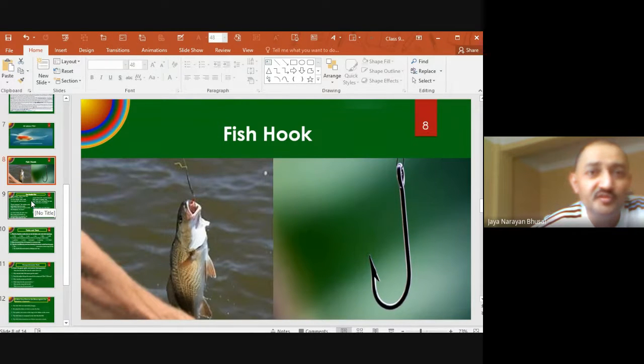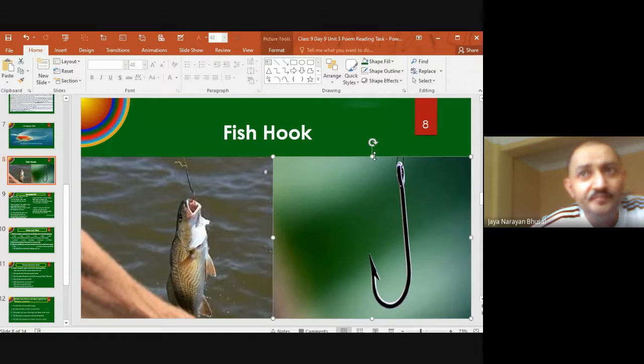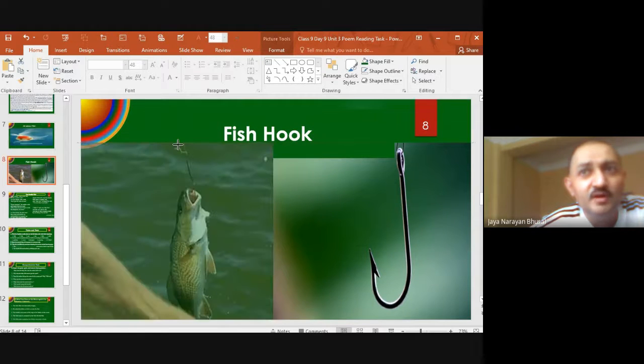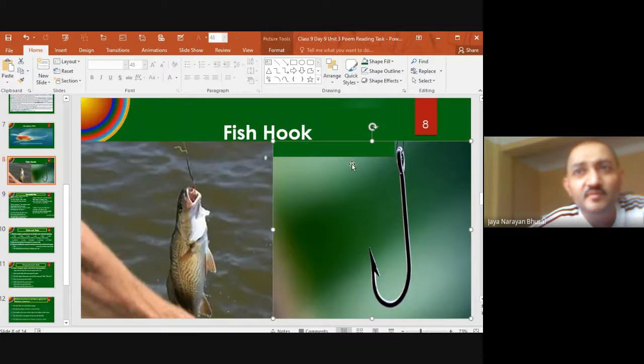Do you watch the comedy series? There is a character called Bolsi Dai, and this Bolsi means hook. You got that? This Bolsi means hook.